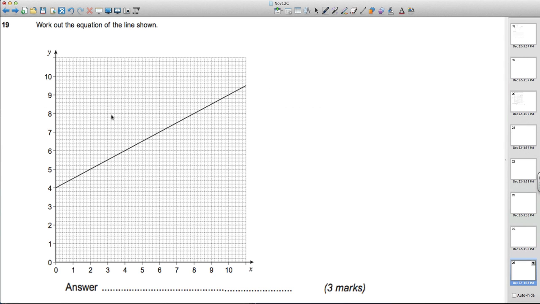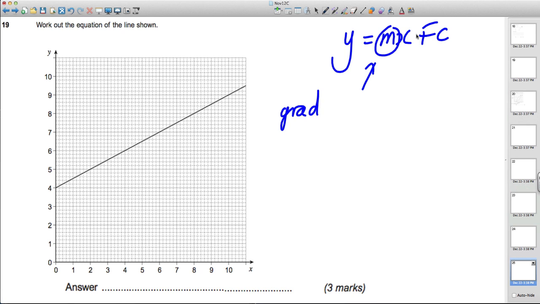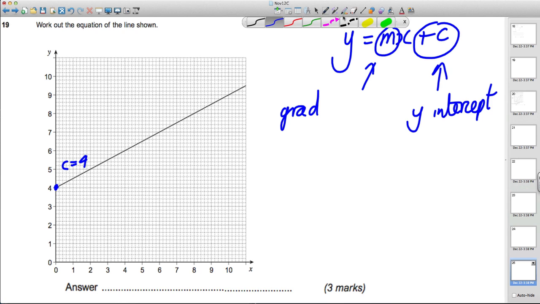Next question. Work out the equation of this line. You should know a straight line has the form y is equal to mx plus c. m is called the gradient, and c is called the y-intercept, where it crosses the y-axis. Now here, c is clearly 4. Now, this is the key point here.